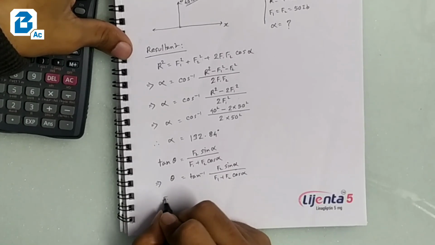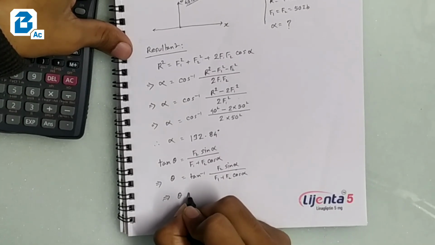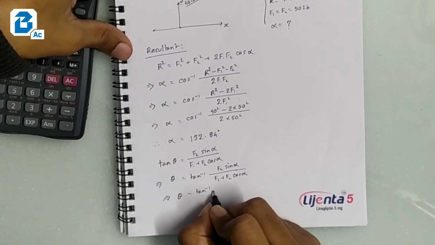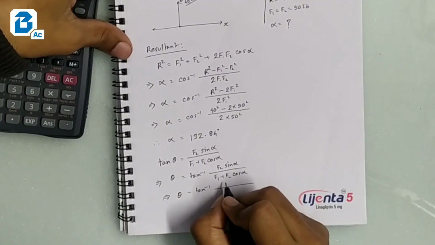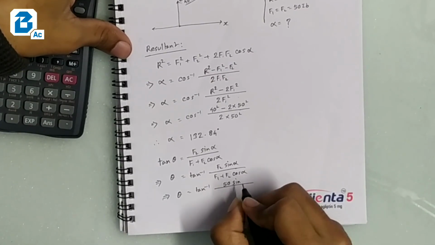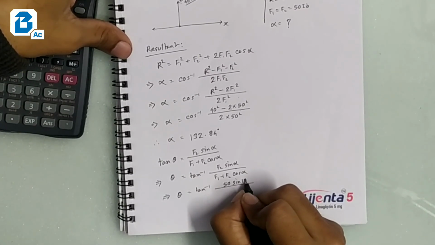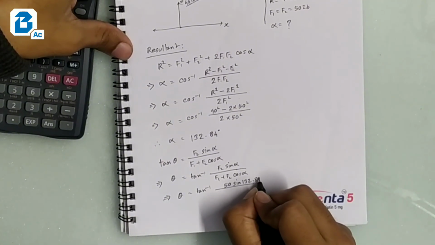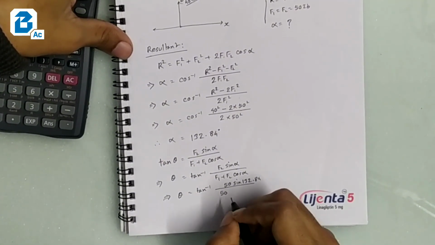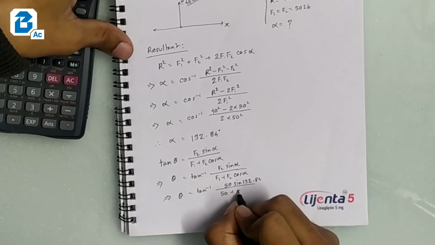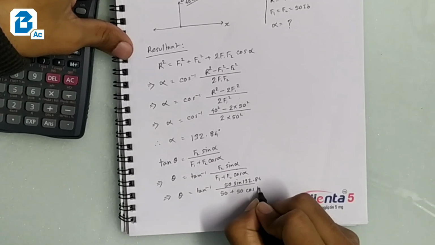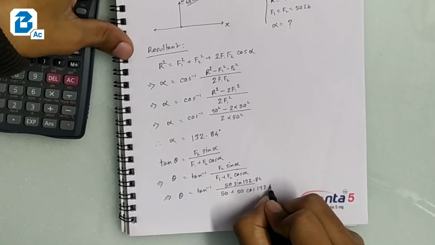Therefore, let's put the values in. Theta is equal to tan inverse F2, which is 50, sine 132.84, over F1, which is 50, plus F2, which is also 50, cos 132.84.